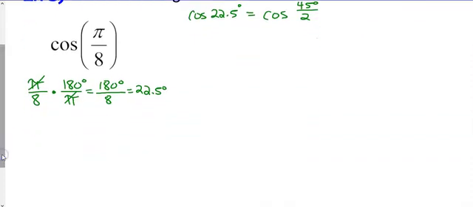Now I would draw a little picture of this. I like to sketch where the original is, just with a dotted line. So 22 degrees is about there. There's 0 degrees, 22 degrees. Here's 90 degrees. And we're in quadrant 1. That's important to decide if we're going to use a plus or a minus.